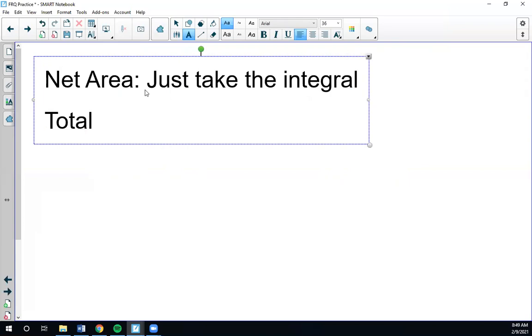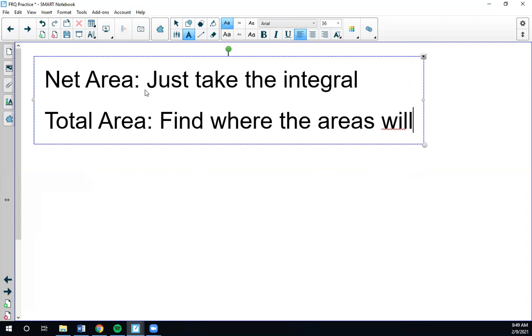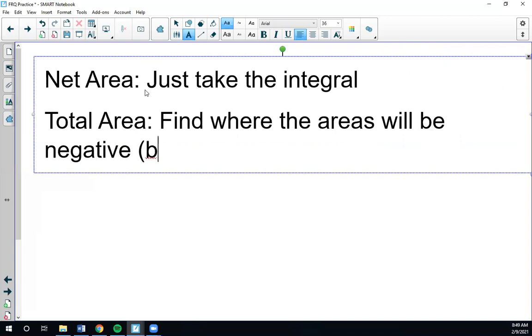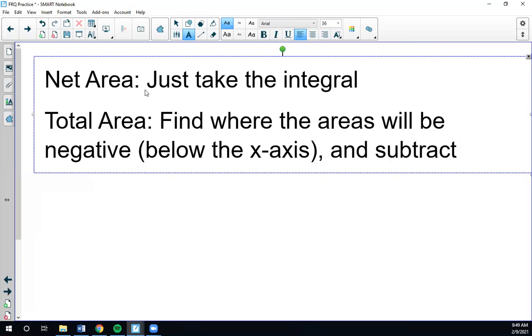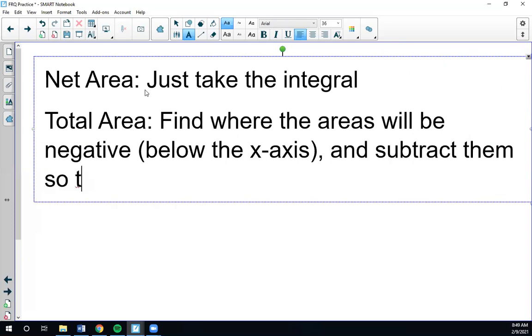Total area is where we need to find where the areas will be negative, in other words, below the x-axis, and subtract them so that they count as positive.